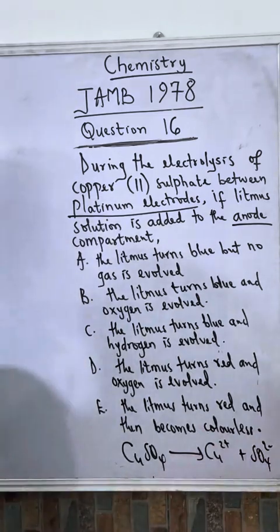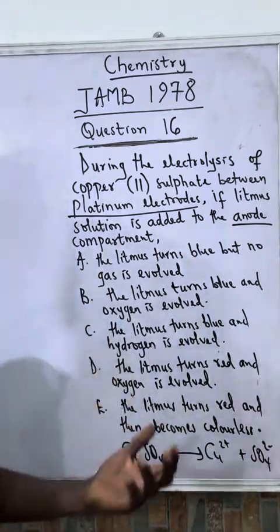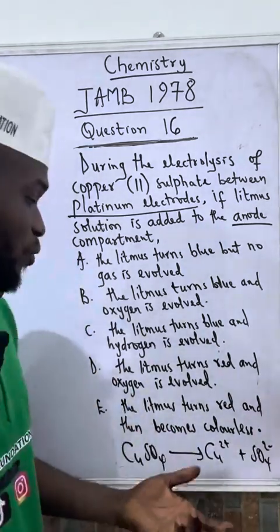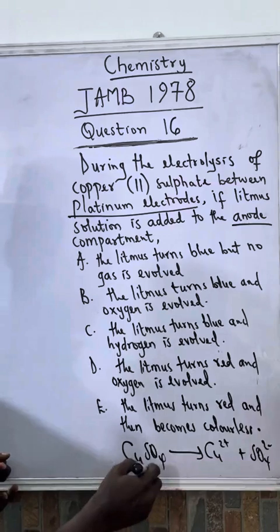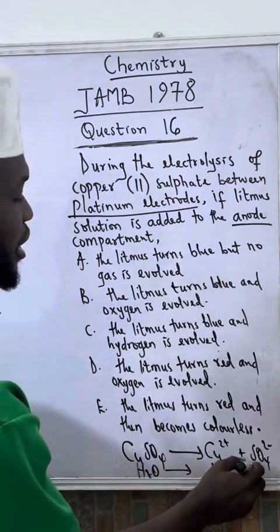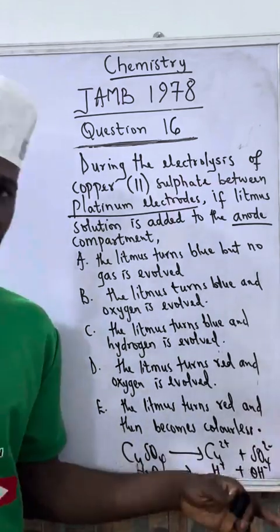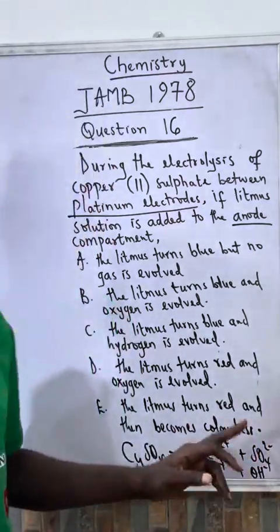And you know that there is also presence of water inside every acid, because acid is always aqueous. So water, H2O, will split into hydrogen ion and hydroxide ion. We can leave it like this. You may balance it by yourself, but it doesn't really matter.